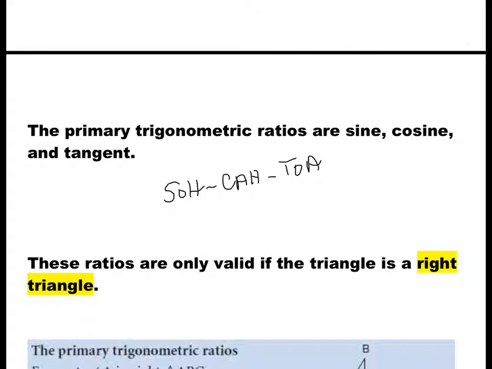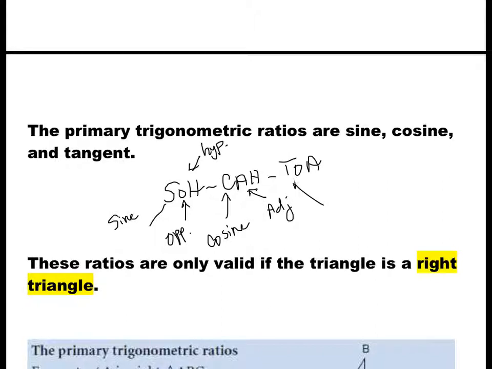Now, if you remember, S stands for sine, O stands for opposite, H stands for hypotenuse, C stands for cosine, A stands for adjacent, H stands for hypotenuse, T stands for tan, O stands for opposite, and A stands for adjacent.